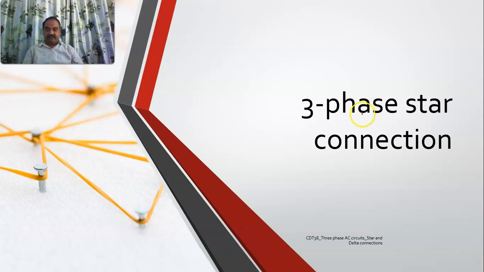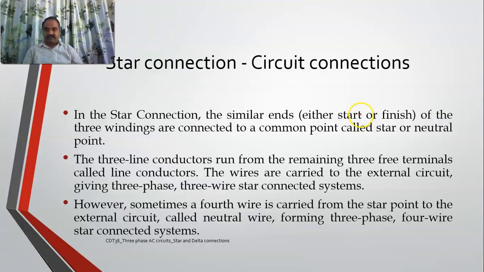To start with, the three-phase star connection, which is widely used in electrical circuits. In a star connection, the similar ends of the three windings are connected to a common point which we call the star or neutral point. If we have three phases, suppose this is 1, this is 2, this is 3.